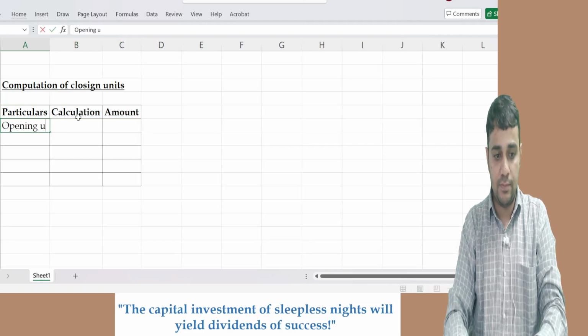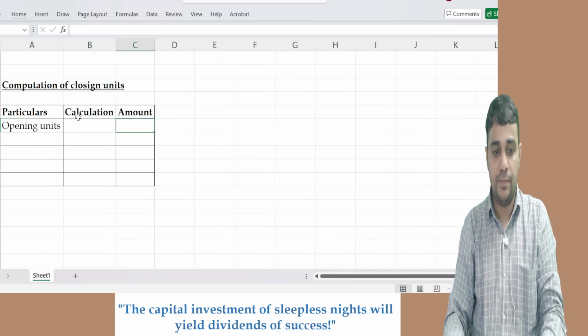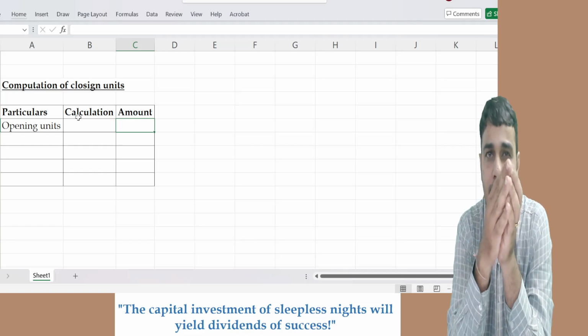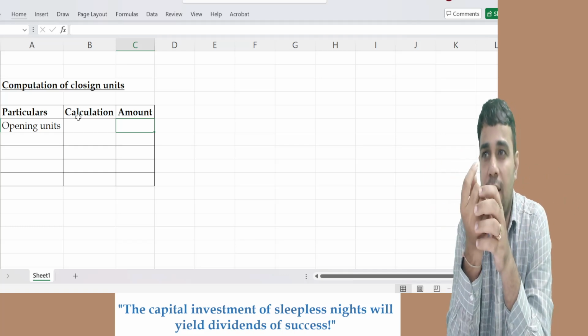Opening units: I could do it in the 7 column format, but this is only one reinvestment, so I'm not doing that.